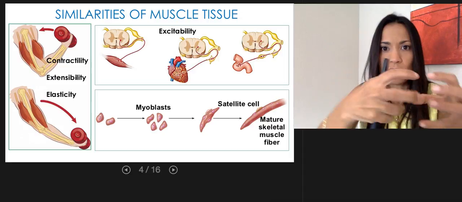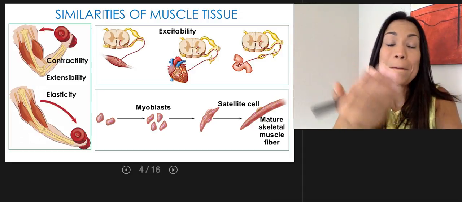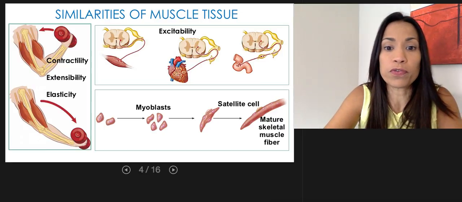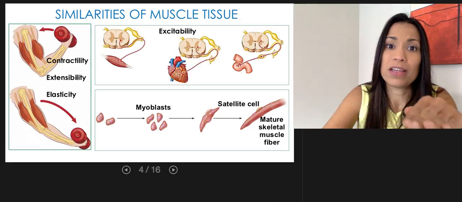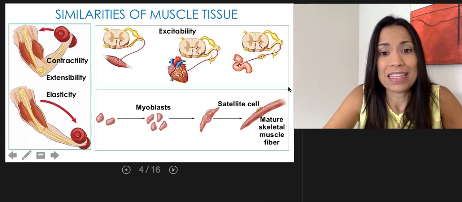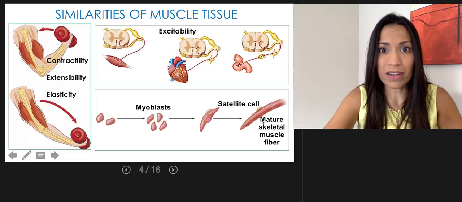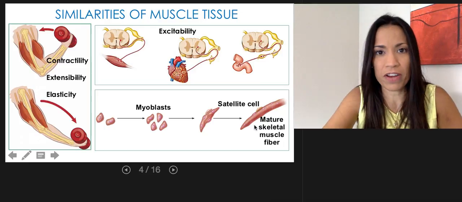We cannot divide the cytoplasm and the cell itself. So, mature muscle cells, after they're formed, can never divide. They cannot undergo mitosis. This explains that the ability of this tissue to repair itself is very poor.